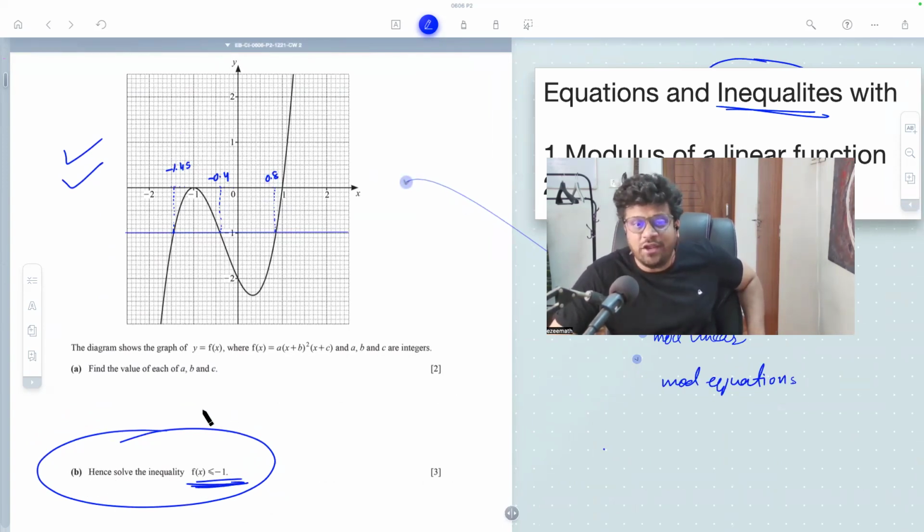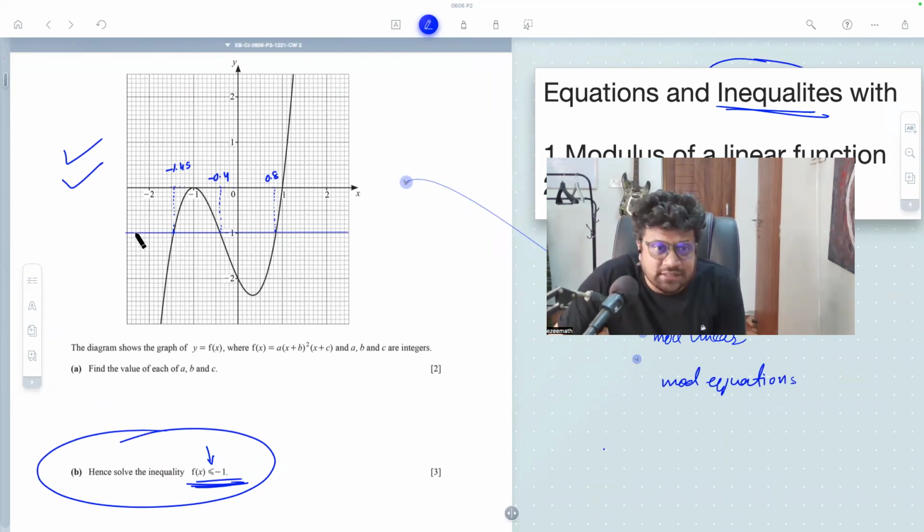look for the values of x for which you have the curve below the line. Since there's a lesser than or equal to sign here, I'm going to look for the values of x for which f(x) is below the line y equal to minus 1. This is the line y equal to minus 1. Okay, so there it is. If I go to the left of this, I see that the curve is below.